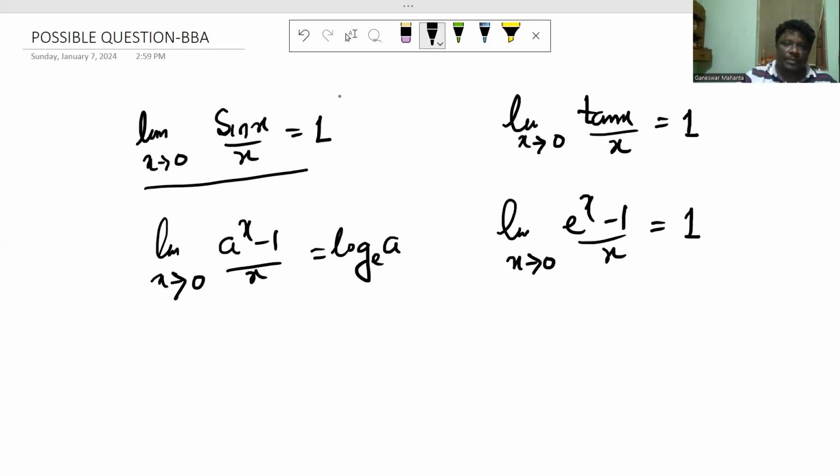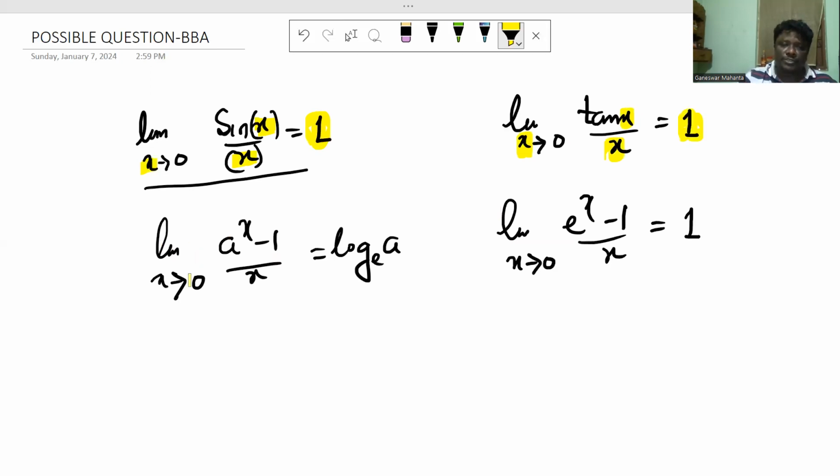So when we look at this formula, just check, this is x and this is also x. This value is x, this value is x and this value is x, then the value comes out as 1. And this is also x, and x tends to 0, then the value comes out as 1.